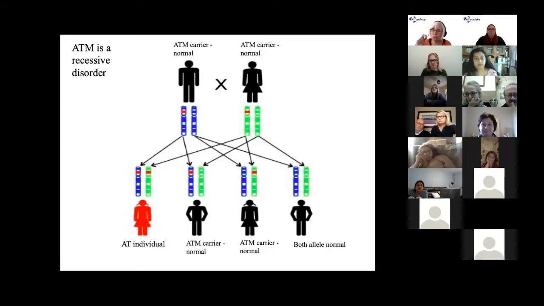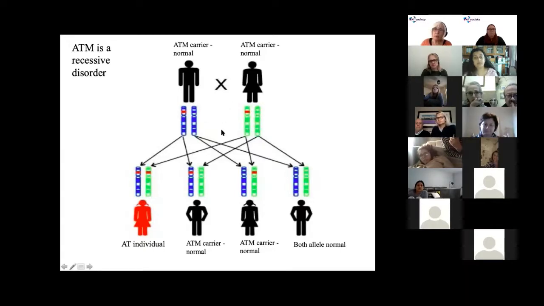That means we have 2 copies of all our genes. And ATM particularly is what we call recessive, which means just half the amount of protein is enough to be pretty healthy and normal. So an AT carrier has a good copy and a bad copy. And both the mother and the father will have a good copy and a bad copy.